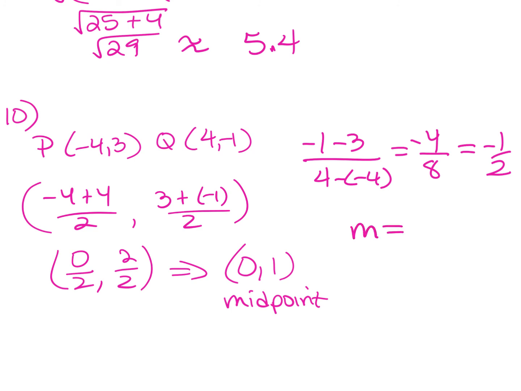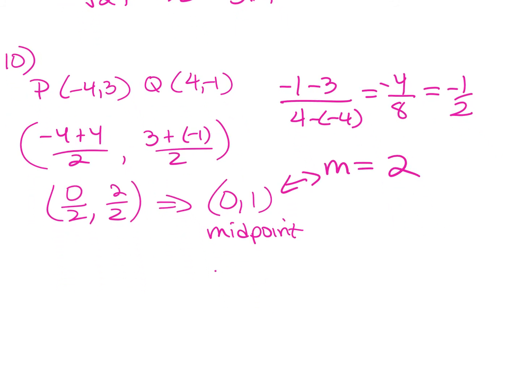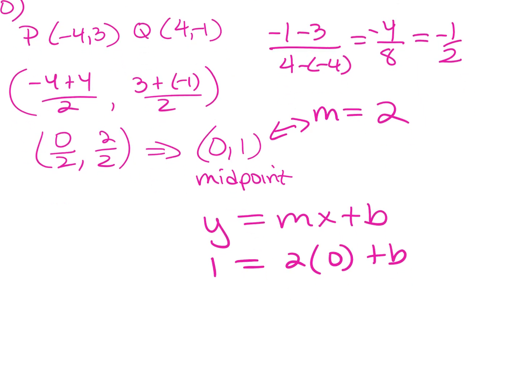So the slope I'm using is 2, and now I'm going to use the midpoint and plug this into y equals mx plus b. Now, you might realize that this ordered pair is actually the y-intercept, but I'm going to go through the process. So 1, and then 2 for the slope times the 0 of the midpoint. 1 equals 0 plus b, and then 1 equals b.